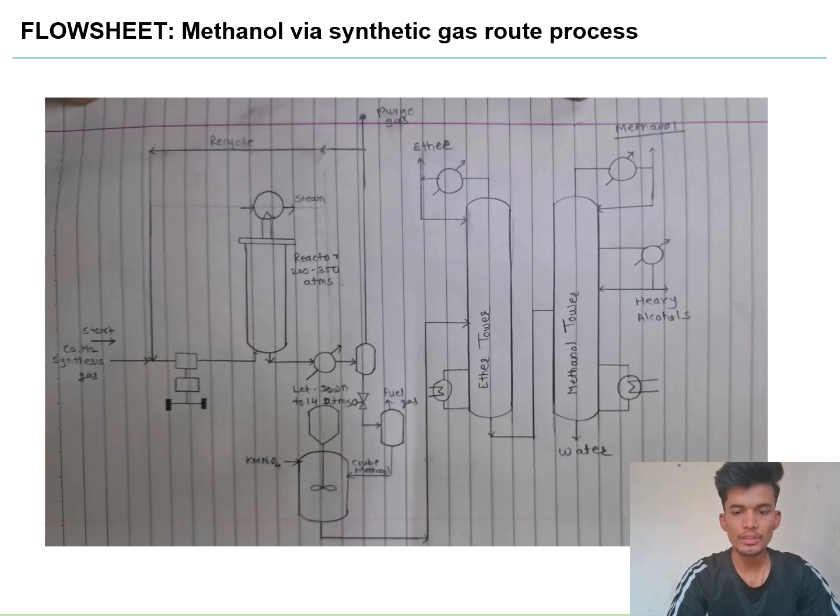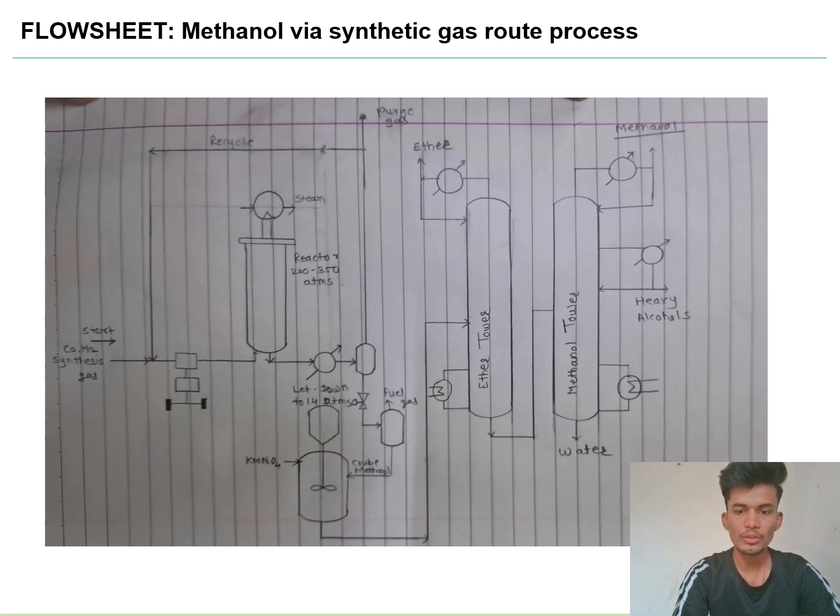Liquid methanol is depressurized and purified by treating with potassium permanganate, whose requirement is 0.1 to 0.5 kg, to remove traces of ketones, aldehydes, and impurities. Then next it is sent to the ether tower, where light compounds such as dimethyl ether and other compounds are removed.